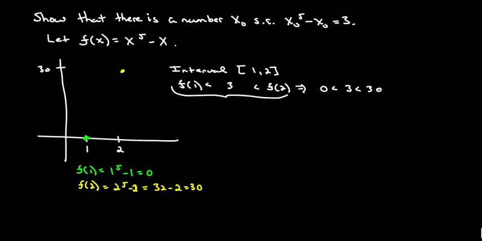So now I know that there's going to exist an x0 out there somewhere such that when I plug it in, I get the value 3 out. It guarantees that this is out there. The only thing that I haven't shown is that it's continuous.